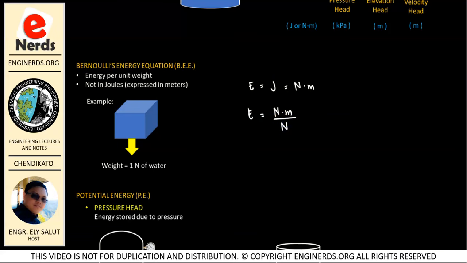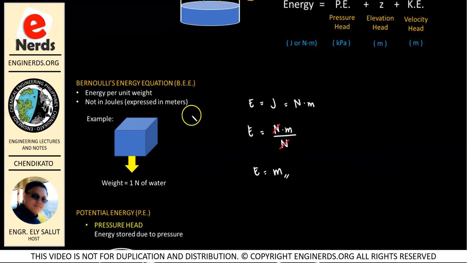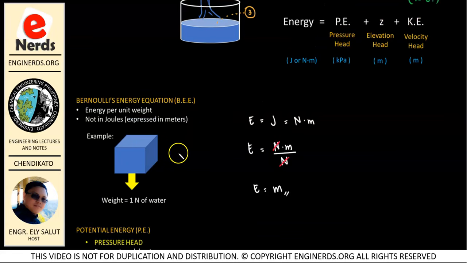Okay, so in this case, our unit for Newton will be cancelled out. So ang matitira sa atin is yung unit na meter, no? So our energy actually will be expressed in meters kapag dinivide natin siya sa unit ng water natin or yung unit weight ng ating fluid.